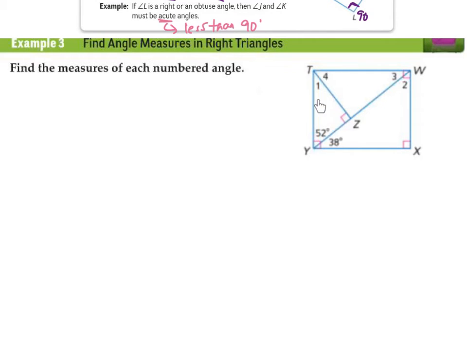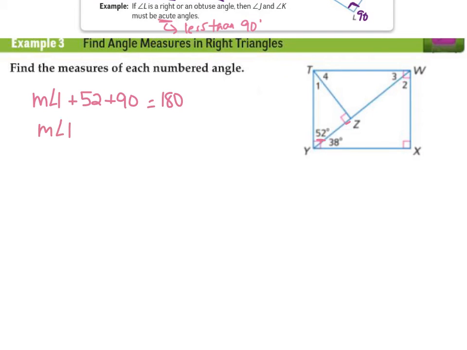All right, I'm going to start with angle 1 because I have a measurement of 52 here and a 90-degree angle. So I know that whatever's remaining will help me add to 180. Okay, so the measure of angle 1 plus the interior angles inside, right here, 52 and 90, gives me a total of 180.